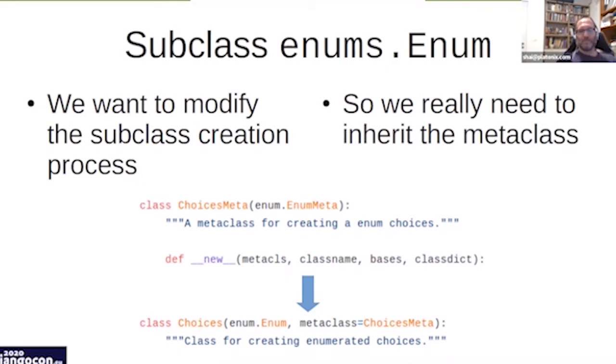Enums are defined with their own very special, very intricate meta class called enum meta. We inherit this meta class mainly to override its dunder new. And when we inherit choices from enum, the most important change we make is to use our own meta class.